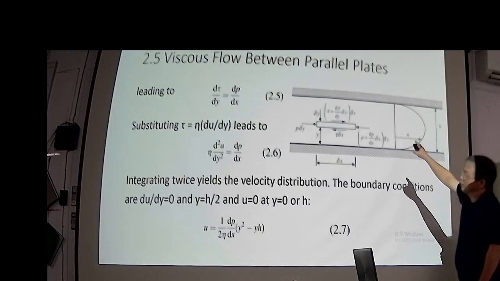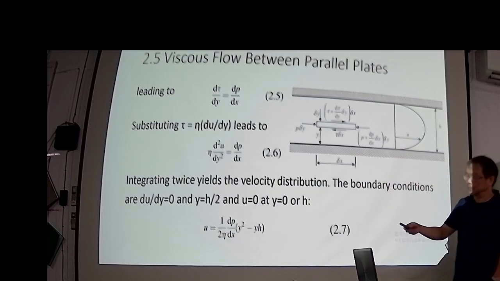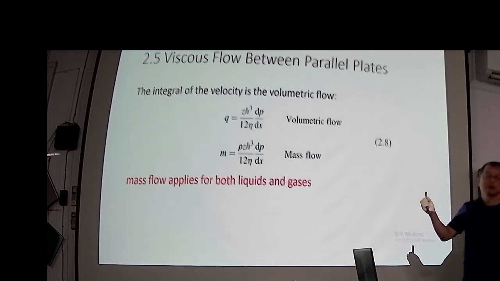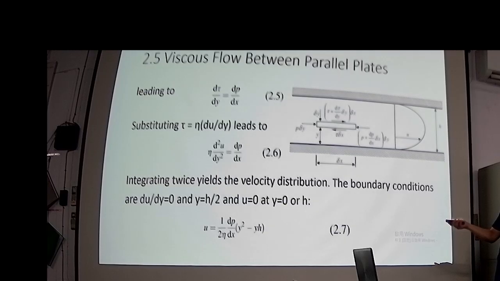So this is the velocity. Velocity multiplied by the cross section of this plane. We can calculate the flow rate passing through these two big stationary parallel plates, using the velocity profile multiplied by the cross section area between these two plates.